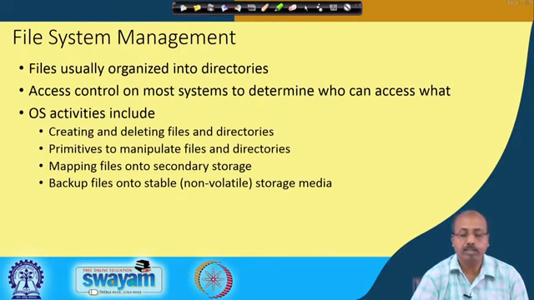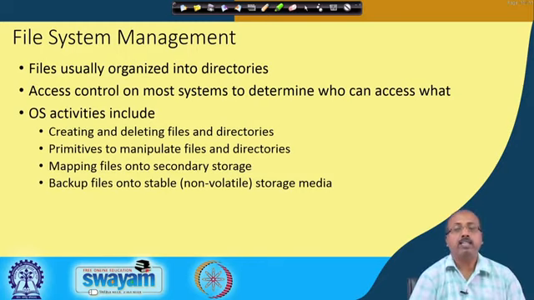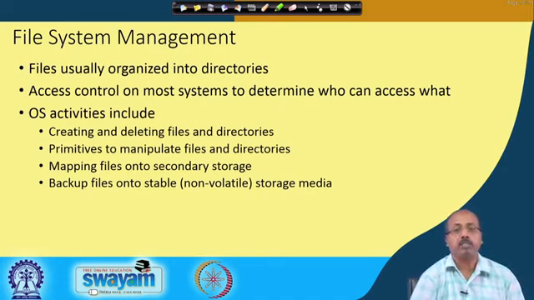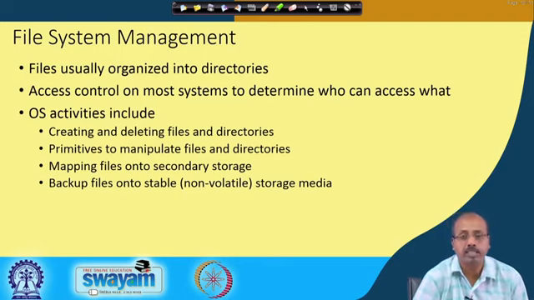Files are usually organized into directories or folders. There is access control on most systems to determine who can access what. Access control is a set of rules that says who is allowed to access which file. This is very important because when you have a multi-programmed or multi-processing system, multiple users are there.